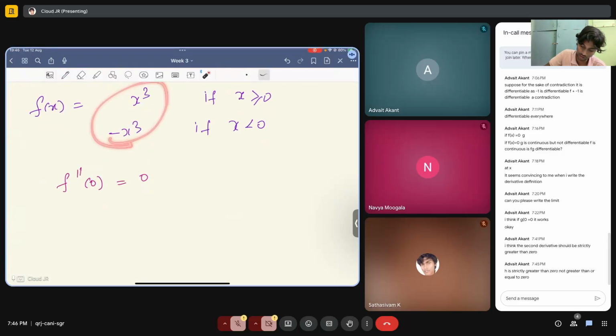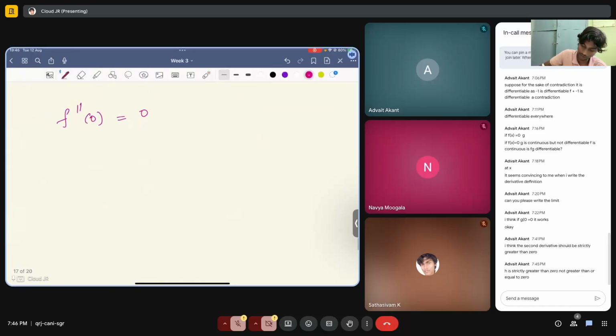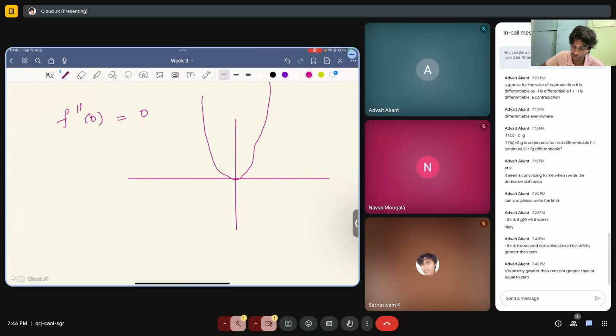You can either draw the graph or prove it analytically, but the graph looks something along this line. You draw the x cube and then you flip this part up, so it looks something like this.